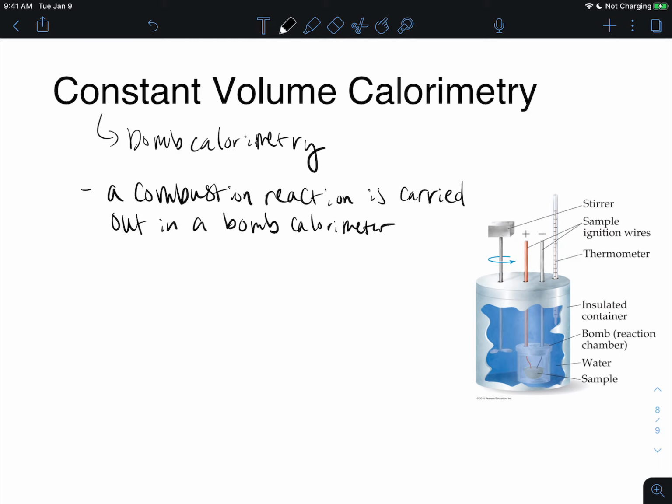It is a calorimeter that can withstand extreme pressures. So here we do not have a constant pressure system. We have a system that's going to produce a lot of pressure, actually. But this is a very accurate method for determining the energy of a reaction.